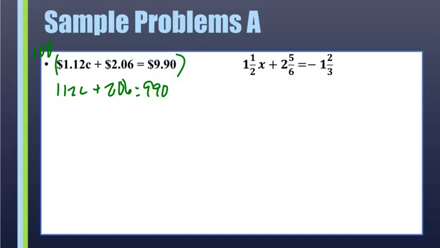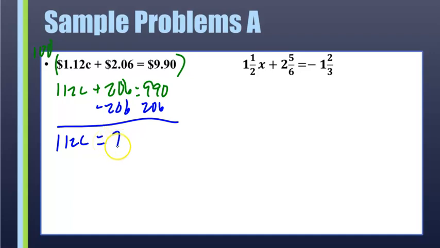From this point, all we need to do is get the C's by itself. So I'm going to subtract 206 on both sides. That leaves us with 112C equaling 784. And then the last step is divide by 112.